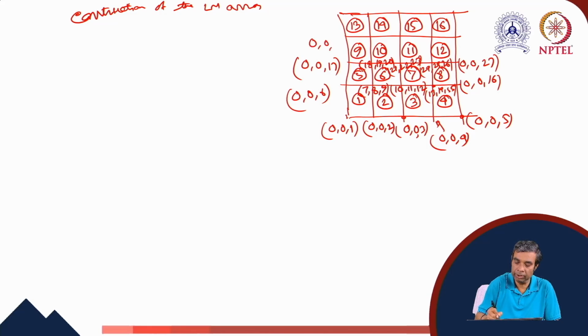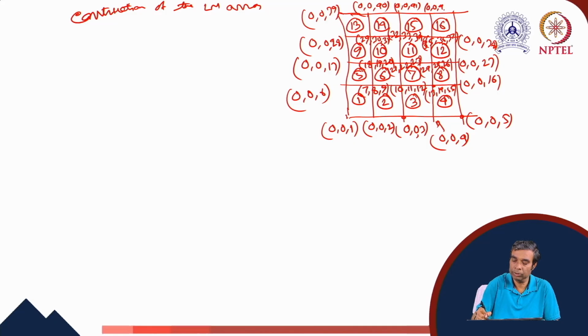Then here 0, 0, 28, 29, 30, 31, 32, 33, 34, 35, 36, 37, 0, 0, 38, 0, 0, 39, 0, 0, 40, 0, 0, 41, 0, 0, 42, 0, 0, 43.